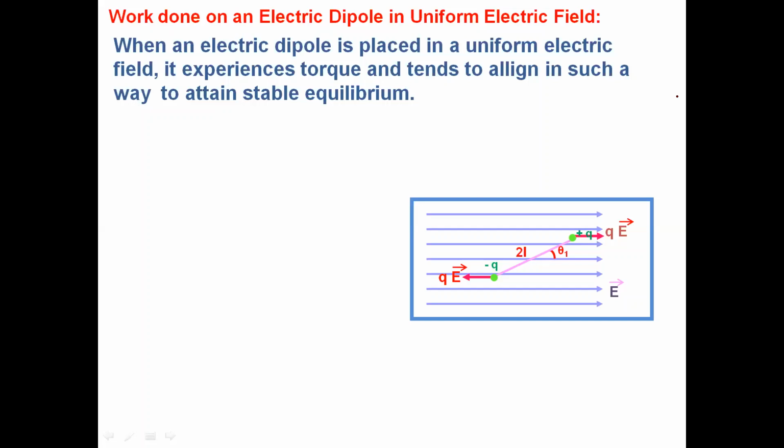This pair of forces can be called a couple. Reason being, the two forces are equal and opposite, so they cannot contribute any translatory motion because equal and opposite forces will cancel each other. The resultant force will be zero, which means if there is no resultant force, translatory motion will not be there. So this dipole cannot have any translatory motion.